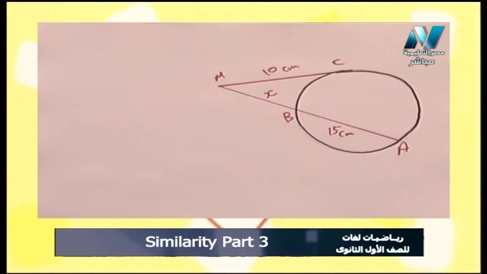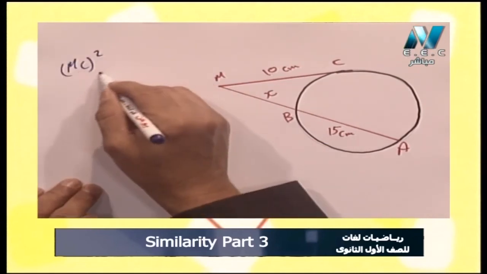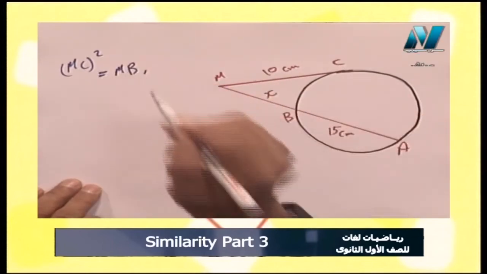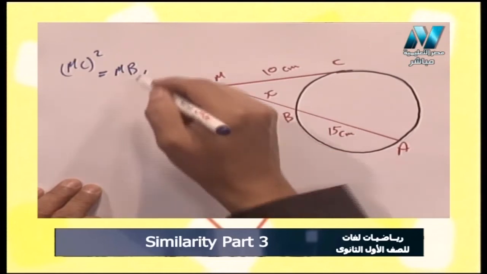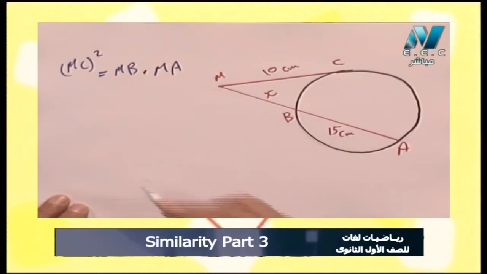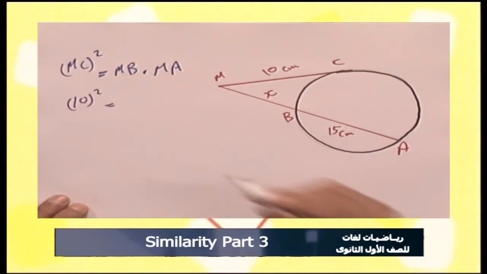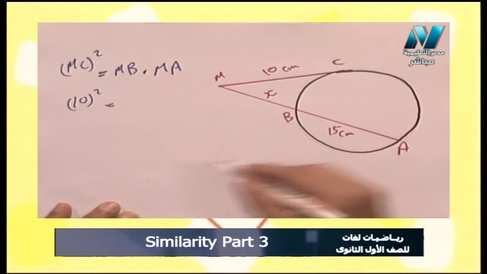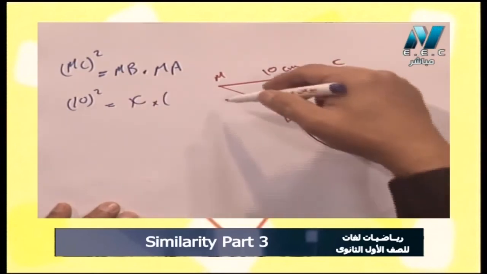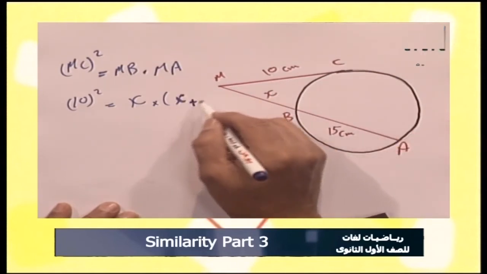We have MC power 2 equals MB multiplied by MA. MC power 2 will be 10 power 2 here, and MB will be x multiplied by MA, which will be x plus 15.